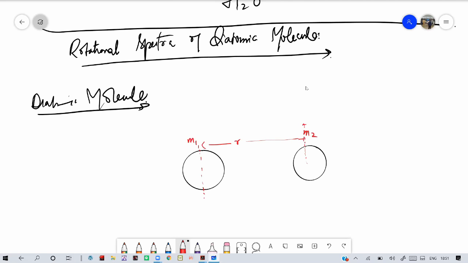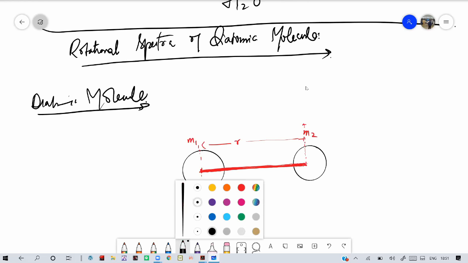Since it's a two-body problem, we will use the reduced mass notation because there are different masses, and there is a center of mass. So let this be the internuclear axis, or the bond axis by which they are connected with each other.